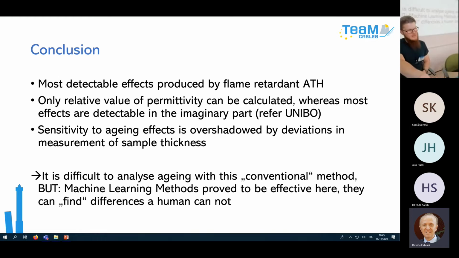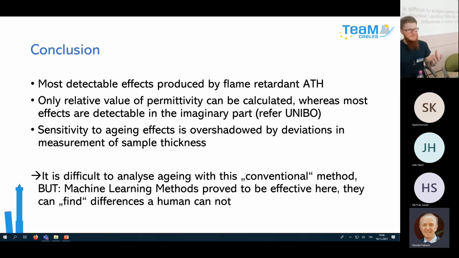It's difficult to analyze with this conventional method, but research came to our rescue, and we found machine learning methods, and these proved to be effective here. And little spoiler alert, we could in fact differentiate between different samples and modifications via these machine learning methods, because these methods are able to find differences a human simply cannot.